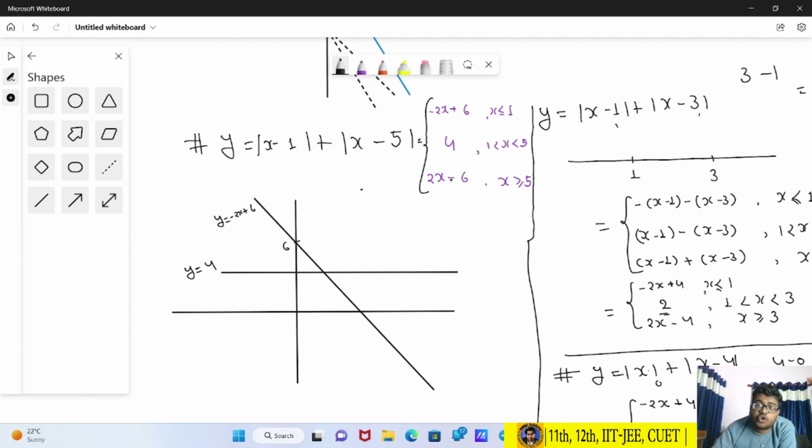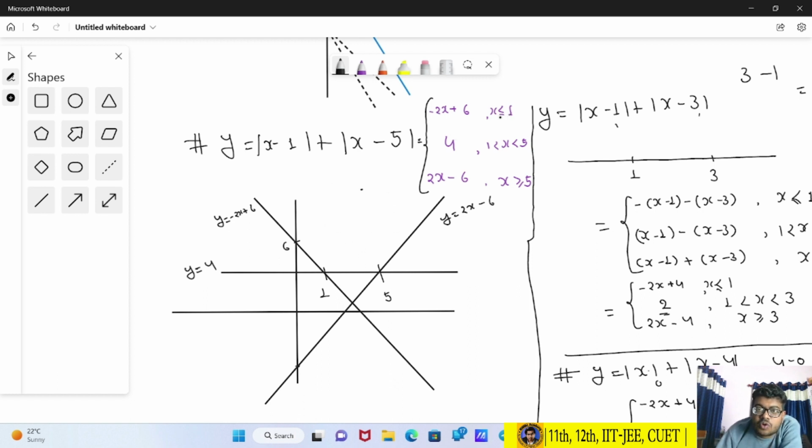Now we draw 2x minus 6. This is y equals 2x and minus 6, so the line goes from here. This is y equals 2x minus 6. Actually we take this when the points are 1 and 5.